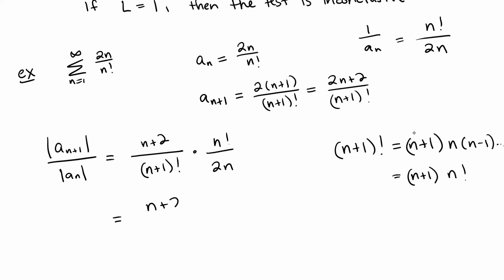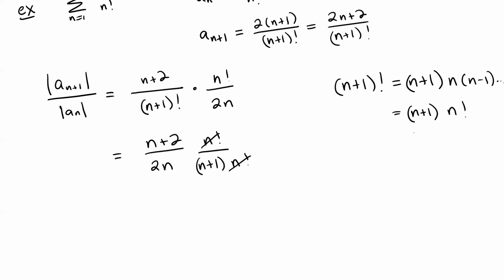So we've got 2 over 2, and then we have n factorial over n plus 1 times n factorial. So our n factorials cancel out, leaving us with 2 over n plus 1.